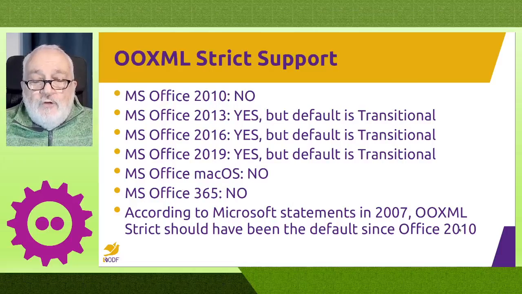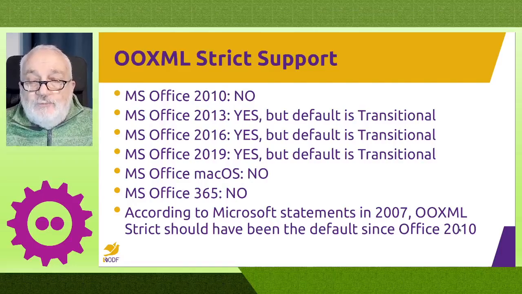In addition, of course, there is the fact that Office OpenXML Strict support is not common to all versions of Microsoft Office. For instance, there are many versions of Microsoft Office for Macintosh that do not support Strict. Different versions of Microsoft Office 365 do not support Strict.